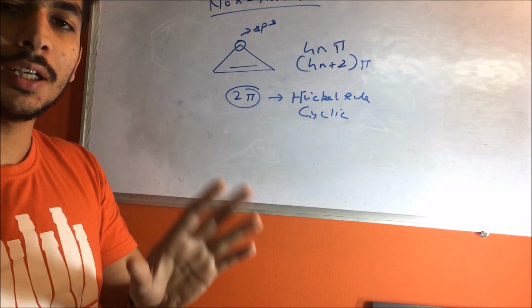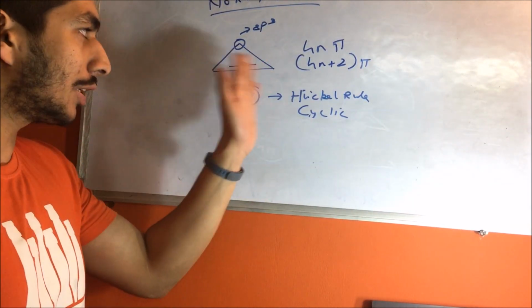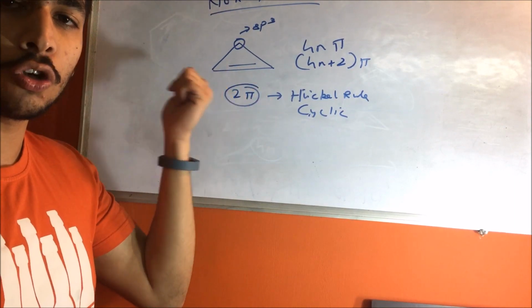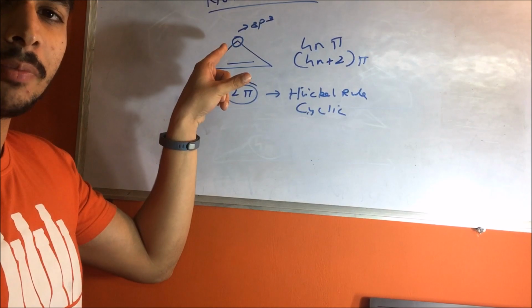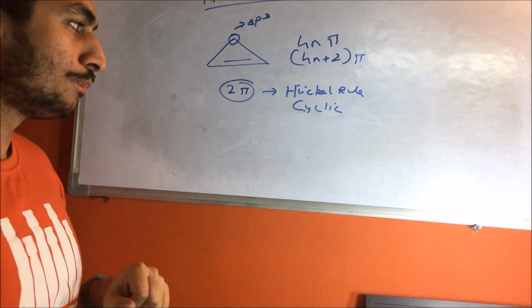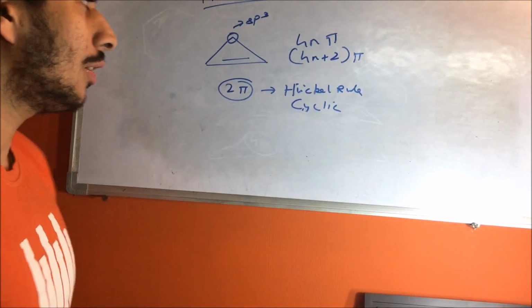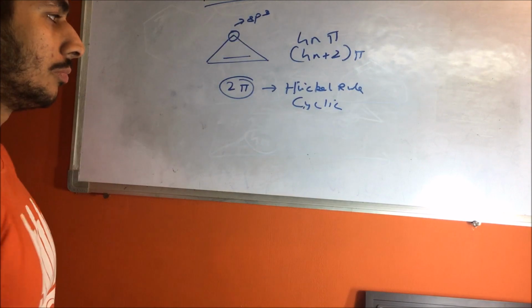But the only problem is that sometimes they are not conjugated or sometimes they are not planar. Like in this case, it is not conjugated. There is a break in the conjugation because of the presence of this sp3 hybridized carbon. But they are following the 4n plus 2 or the 4n pi electron system.